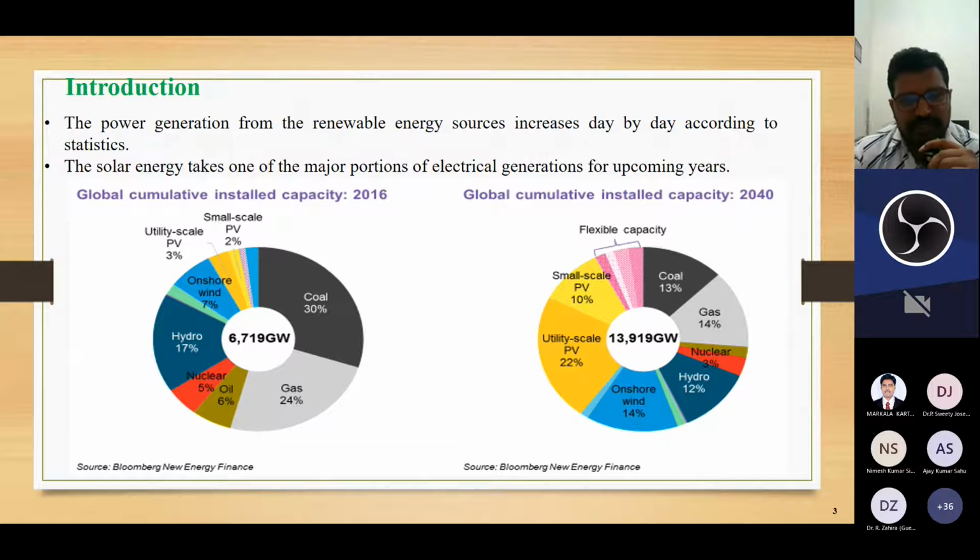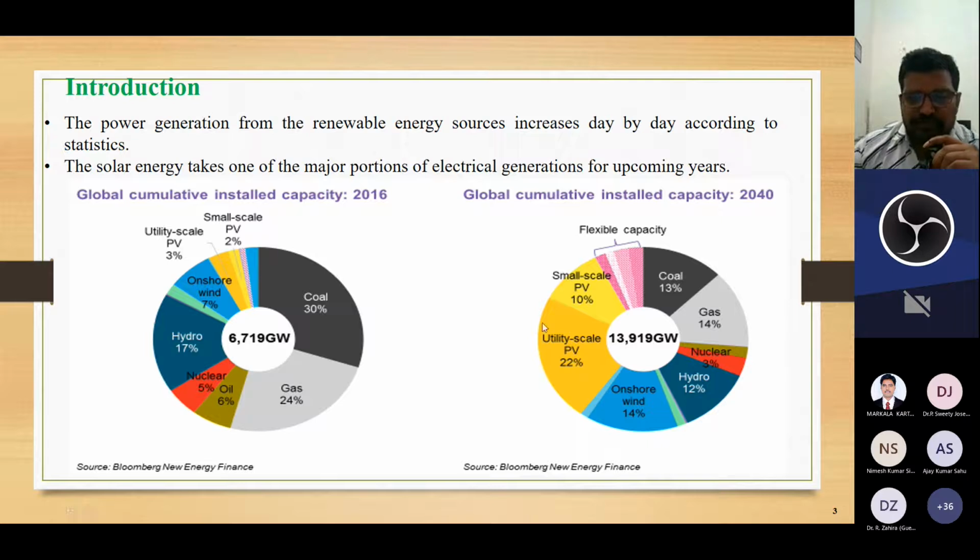As we know, in recent trends the fossil fuel cost is going to increase widely, and it is also going to be very difficult to get fossil fuels. So in order to overcome the problem of fossil fuels as well as the demand of the current scenario, people are moving toward renewable energy sources.